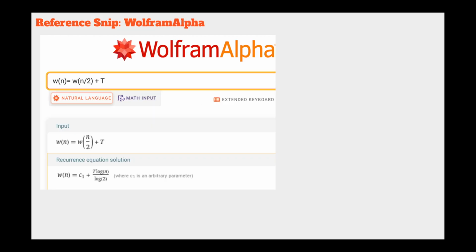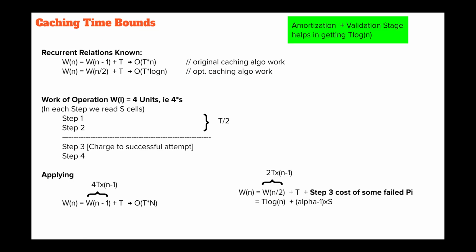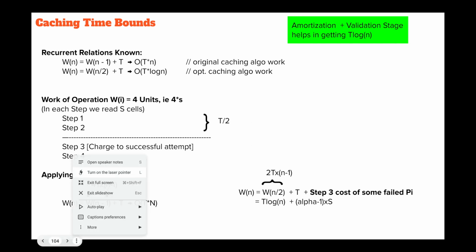If we solve the recurrence W(n) = W(n/2) + T, we get the equation T log n plus c1. Let's focus on the bottom side.